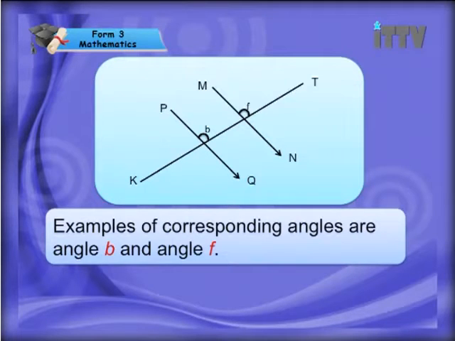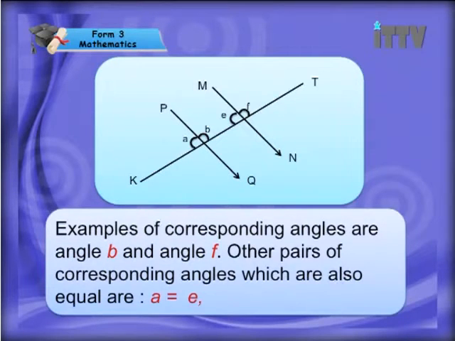Therefore, B and F are corresponding angles. Other pairs of corresponding angles which are also equal are angle A and angle E. Likewise, angle D is equal to angle H, and finally, angle C is equal to angle G.